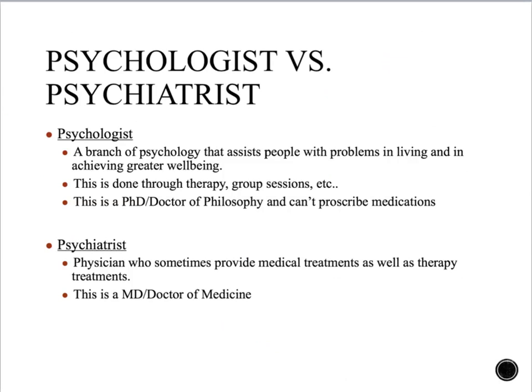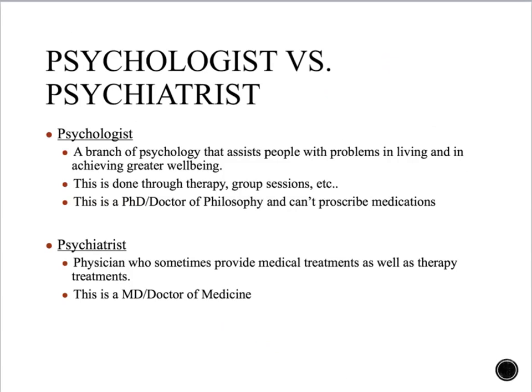But before we explore the major subfields further, let's first explain the major differences between psychologists and psychiatrists. Take a second to pause the video and read over the bullets, but the main difference is that a psychologist would get a doctorate, a PhD, a doctorate of philosophy, and they could help their patients through therapy, group therapies, things like that.